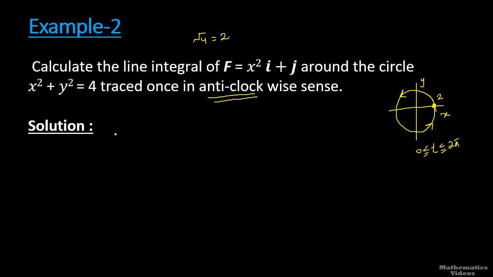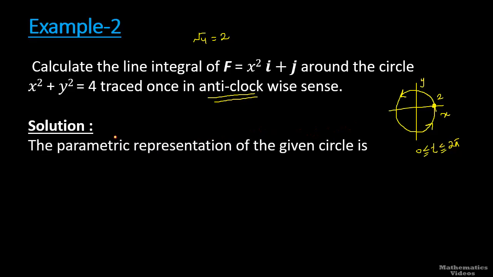In the solution we will use the first method, so we have to use the parametric representation of the circle. And we know that the parametric representation of a circle of radius a, if it is traced completely, is radius times cos t i unit vector plus radius times sin t j unit vector, and t varies from 0 to 2 pi.